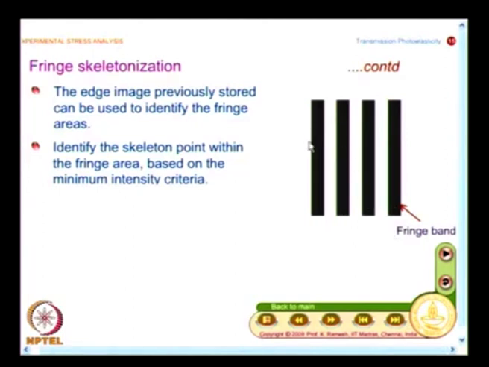Instead of horizontal fringes, because I kept the beam vertical, I will have vertical fringes, and the fringe areas are easily identified. And if we want to pick out the minimum intensity point, it is enough if I scan it horizontally. Suppose I scan the image horizontally, and within the fringe band, I identify the minimum intensity point and make that the fringe skeleton, then my job is done.